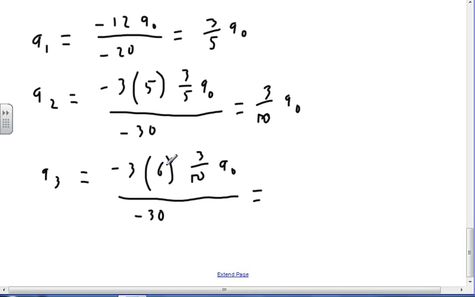Okay, so 10 goes on the bottom, right? 3 goes into there 10 times. So it looks like I've got 18/100 A0.